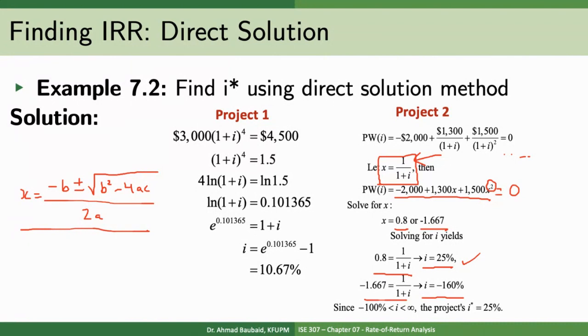At least, it's possible, and it makes economic sense, I guess, because intuitively, it's a valid rate of return. But what about this rate of return of minus 160%? Well, this is saying essentially that I'm losing all of my investment plus 60% more. So I'm losing my principal, but I'm actually losing more than the principal, which really, in the context of an investment, does not make a lot of sense.